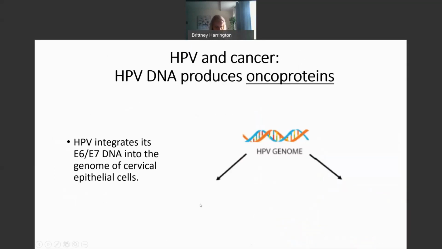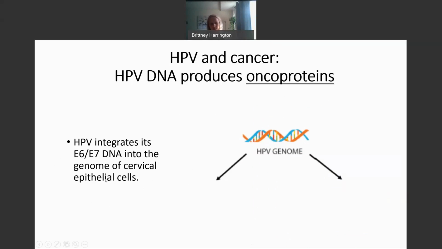So we know about how HPV infects and persists in its life cycle, but how does it actually cause cancer? It's because of the HPV viral oncoproteins and oncogenome. So HPV integrates its own DNA into the host genome.